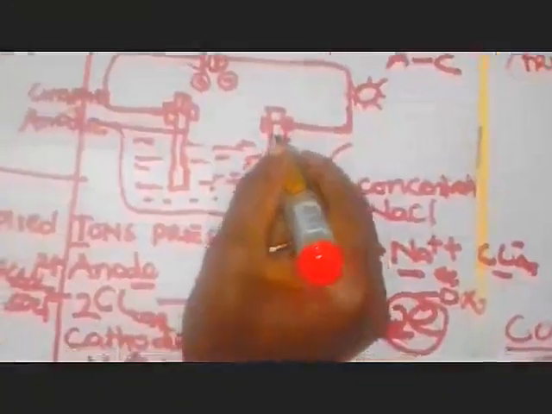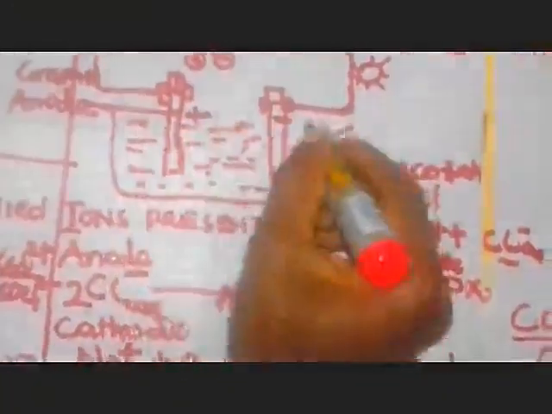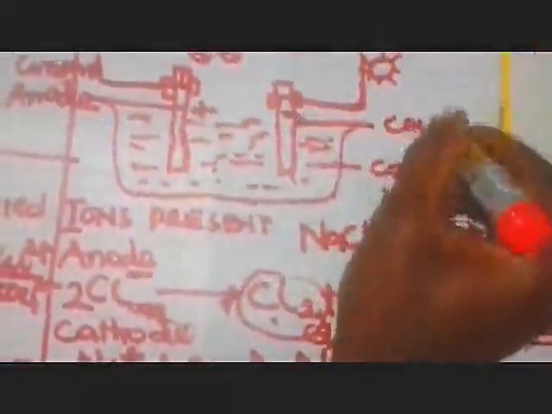Then this side we are having a short bar which is attached to a negative. So this is a negative and this is a positive. So this one is our cathode. So meaning the flow of electrons will be like that. Electrons are going to flow from the anode towards the cathode.